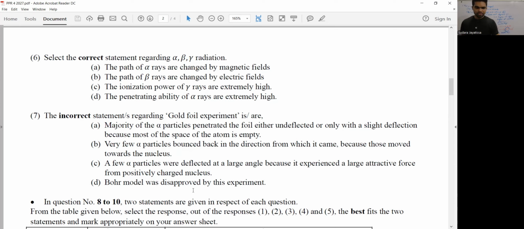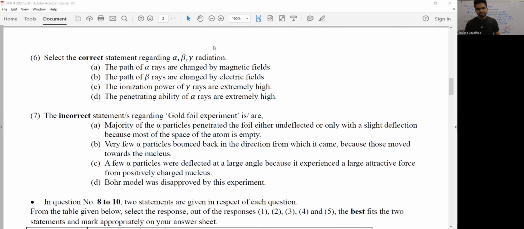But look at the third one. In the third one, the ionizing power of, sorry, not alpha, it is gamma.